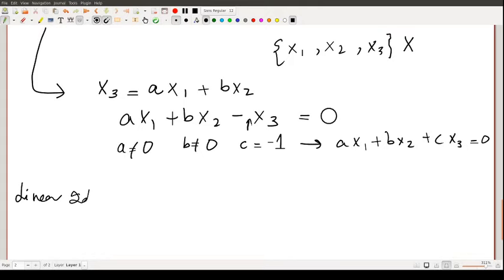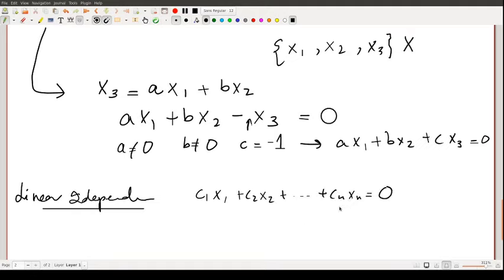So if you recall the way we checked linear independence is actually stated as checking: they are linearly independent if you take c1 x1 plus c2 x2 plus dot dot dot cn xn, this should be equal to 0 if and only if all the ci's are equal to 0. That is c1 equals c2 equals dot dot dot cn equals 0.